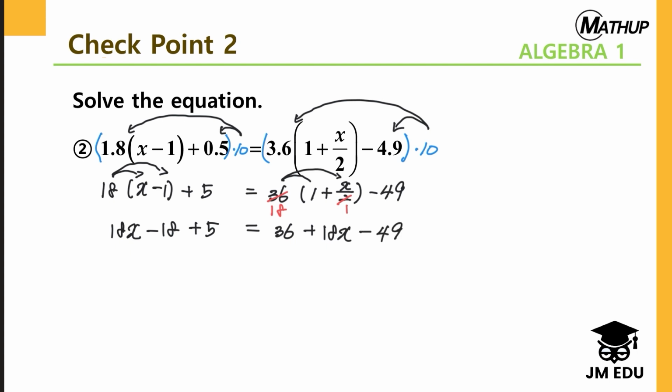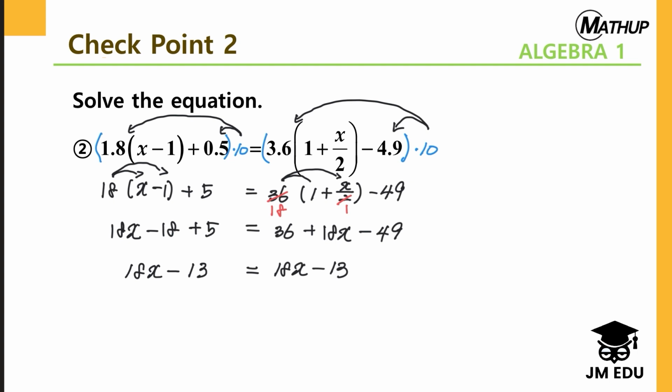So let's simplify the left hand side and also the right hand side. We have two constants on the left hand side. So we have 18x minus 18 plus 5, that's 13, minus 13, right? It's equal to, here 36 minus 49, that's also minus 13. So 18x minus 13, right?